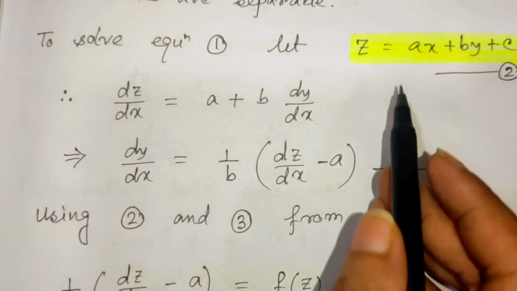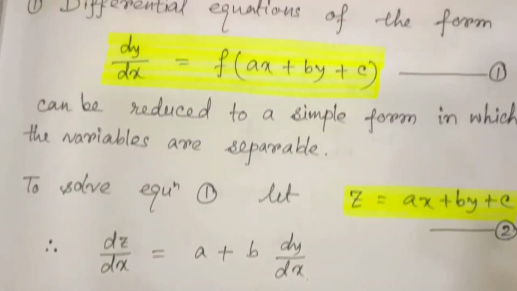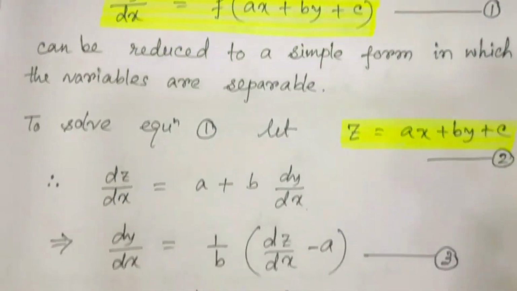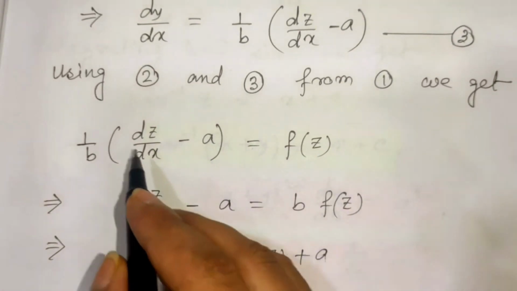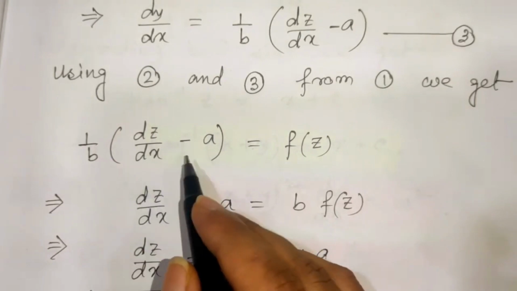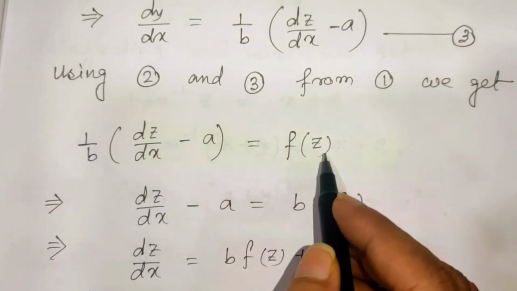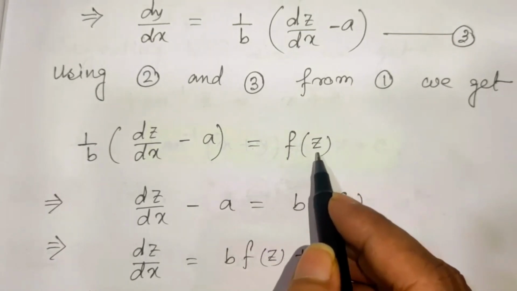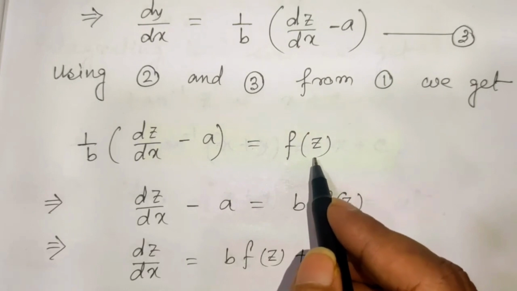Now these two values, the z value and this dy dx value, we should substitute in the given equation. So if we substitute, then we shall find the given equation as 1 upon b into dz by dx minus a instead of dy dx is equals to f of z, instead of that entire function, as we assume the entire expression is z, that's why we should substitute z.